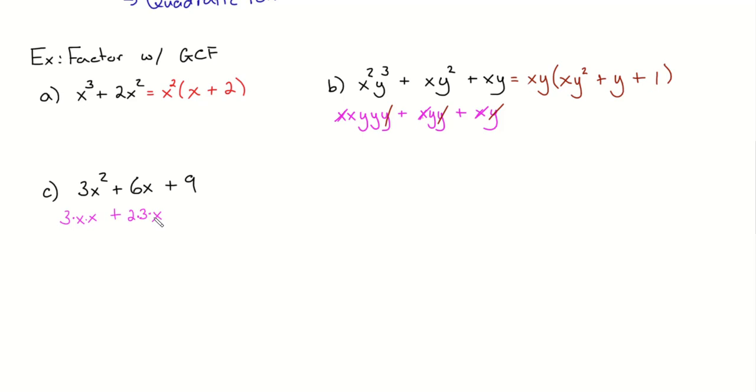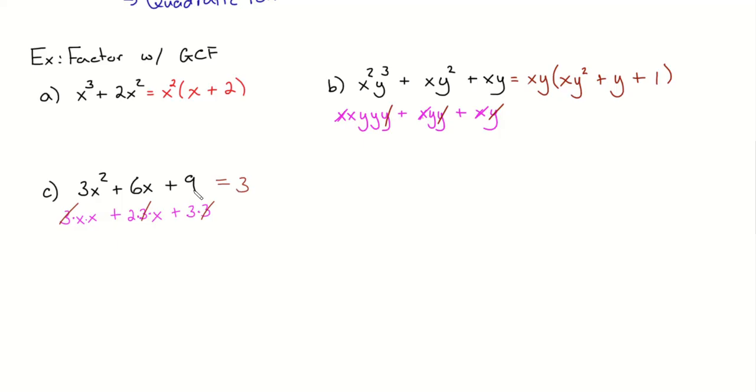If you can see that a 3 is going to come out in the end without doing this, I would encourage it. But I'm going to write these with all the prime factors so I can see if there's anything that's the same. What's the prime factors of 9? 3 times 3. When I write it in this way, it becomes much more clear if you're struggling to see it. What goes into all 3 of these? What do they all have? So they all have a 3, so I'll take a 3 out. Do they all have an x?